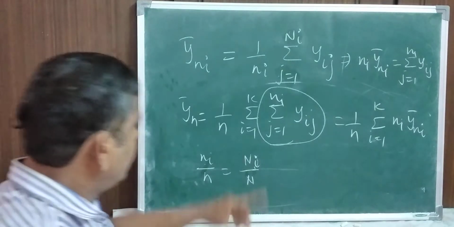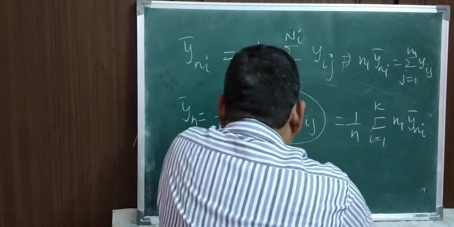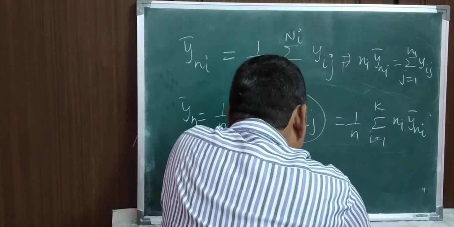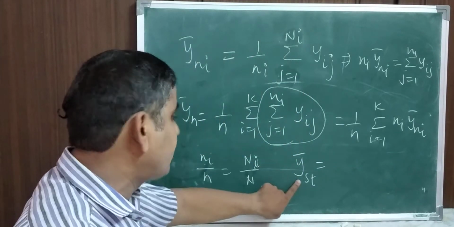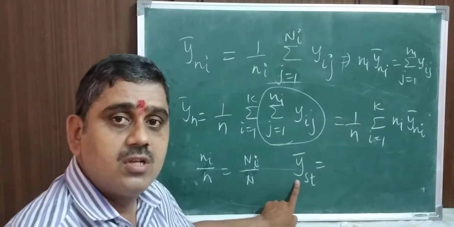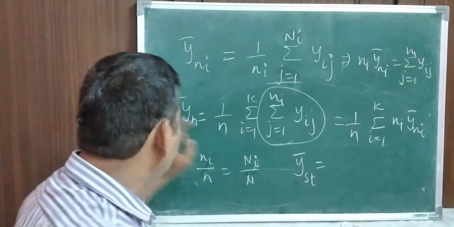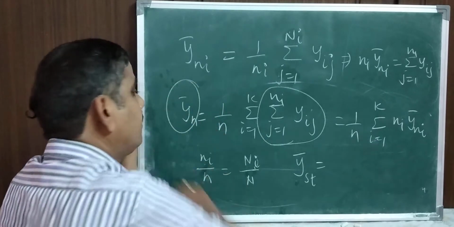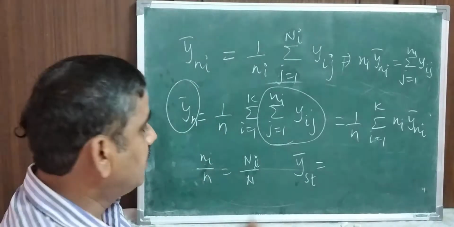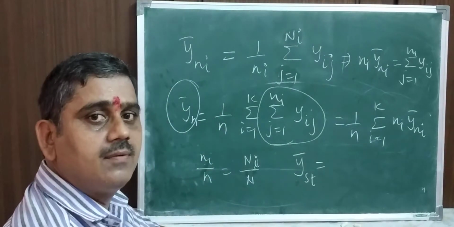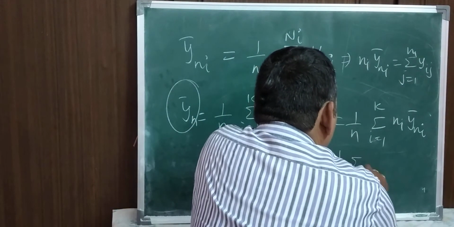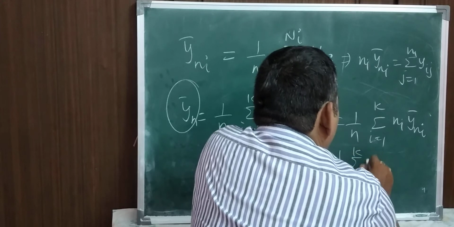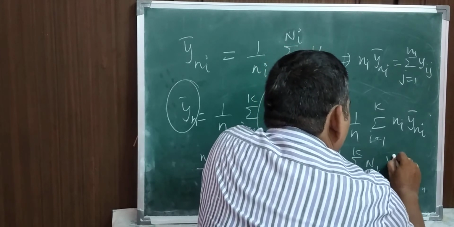then this formula is going to be calculated as y bar st. In this case, this y bar n is written as y bar st, the stratified random sample mean. Y bar st is going to be considered as 1 by capital N summation i is equal to 1 to k capital Ni into y bar ni.